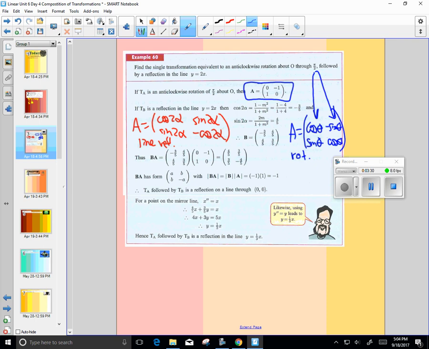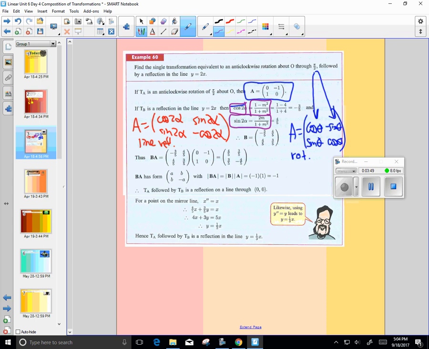Just remember, cosine 2 alpha is 1 minus m squared over 1 plus m squared. This is formula material. I'd give that to you on a test. And if you need it, let me know. Sine 2 alpha is 2m over 1 plus m squared.